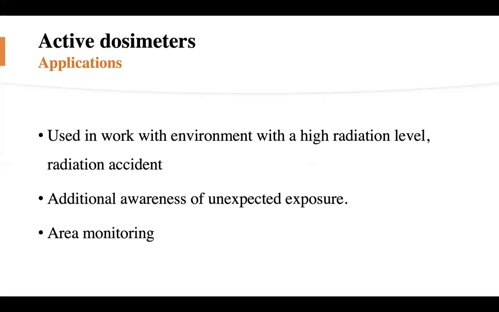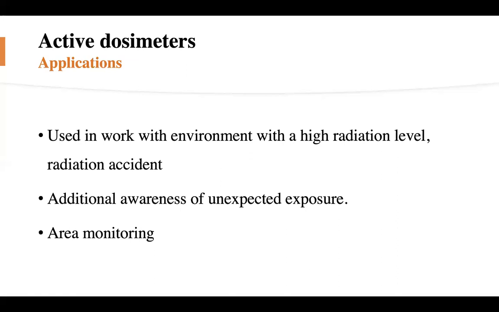Active dosimeters are used in work environments with a high radiation level, radiation accidents, additional awareness of unexpected exposure, and area monitoring to give you any change in radiation level directly.